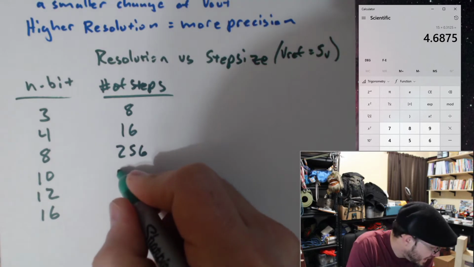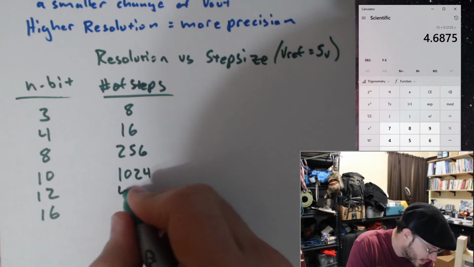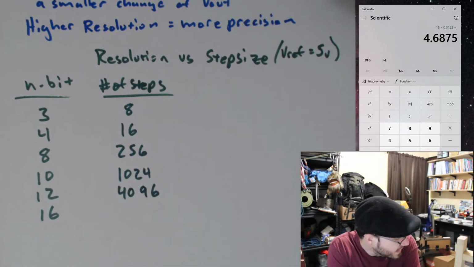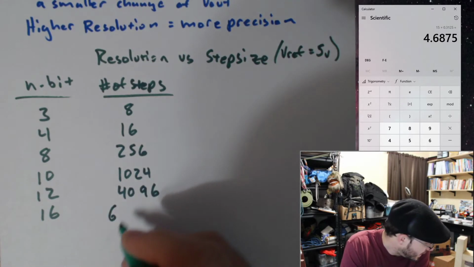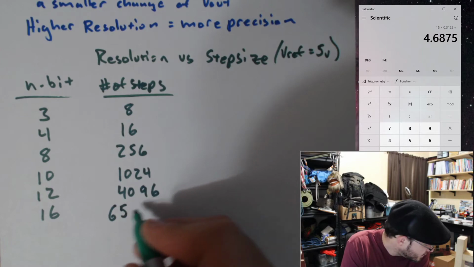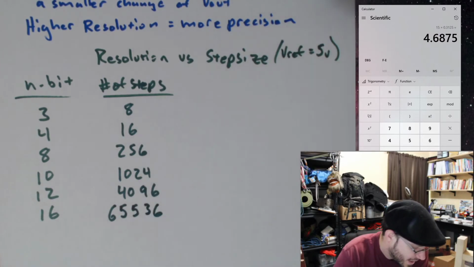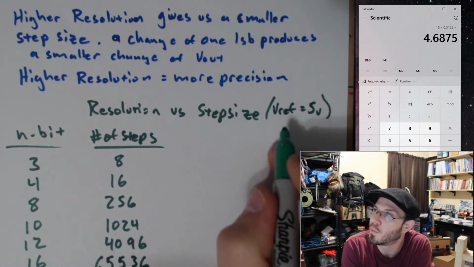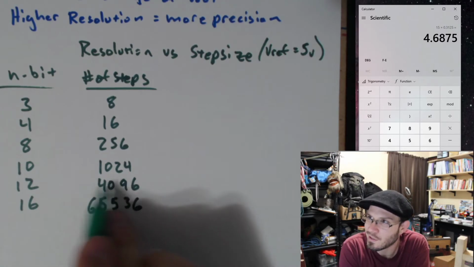For 10-bit, it's 1024. For 12-bit, oh, this is getting nice, 4096. And if you have a 16-bit digital to analog converter, you have 65,536 discrete values that you can use to represent your range of 0 to 5 volts. This is a lot of resolution.